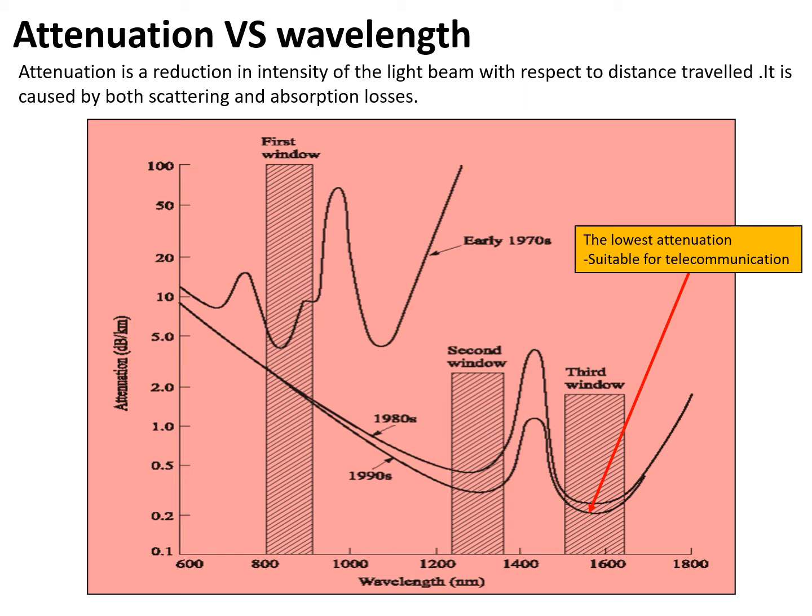From the figure, we can see that the lowest attenuation occurred at the third window. The wavelength is in the range of 1500 nanometer to 1600 nanometer. This window is suitable for telecommunication.